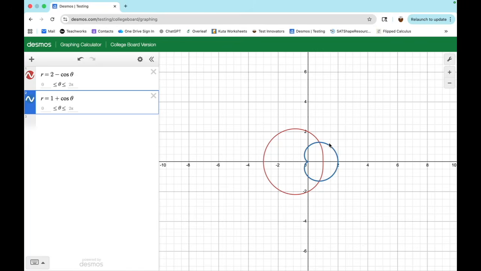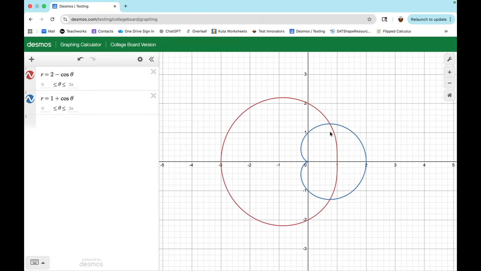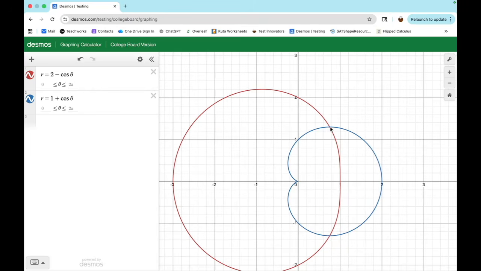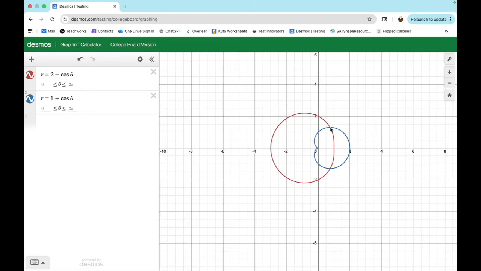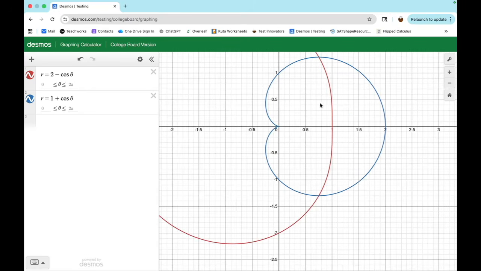And what I want is the area that is inside both. So if we zoom in a bit, I need the area that's inside both, so that's this area here. It does not give me the intersection, which is quite unfortunate.